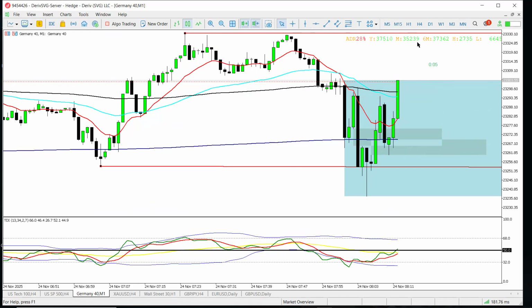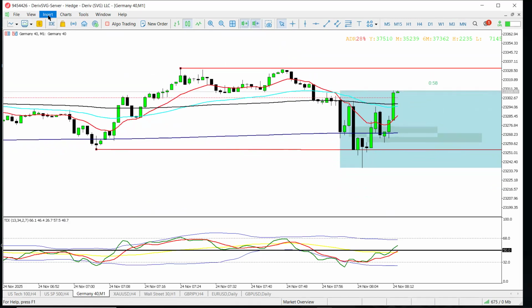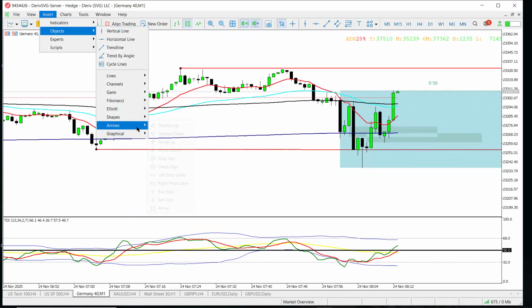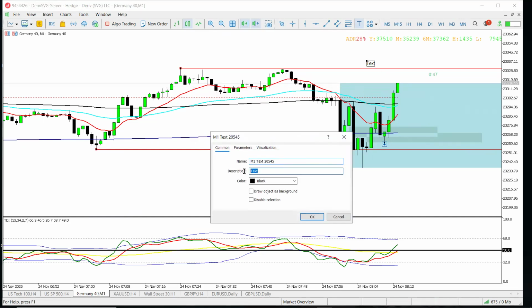That's what I'm currently looking for. For a scalp trade, this would be the TP area.